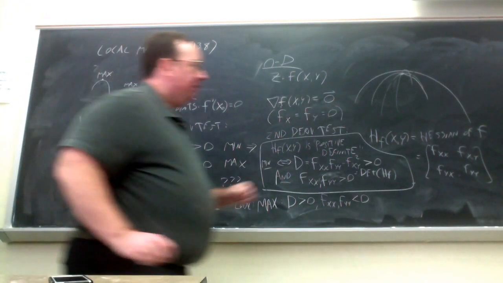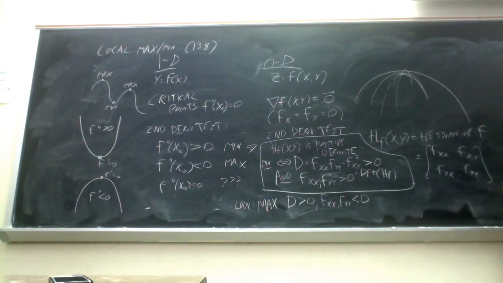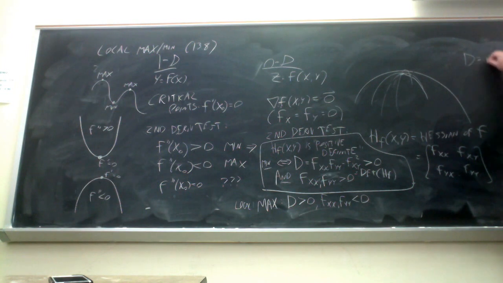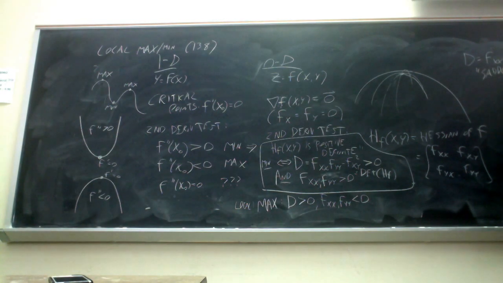And then the other possibilities, which are more unique to multivariable: if the same expression D, which is fxx fyy minus fxy squared, is negative, that is called a saddle point. That's something we usually don't have in single variable.